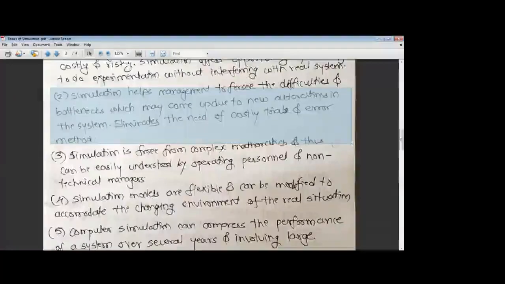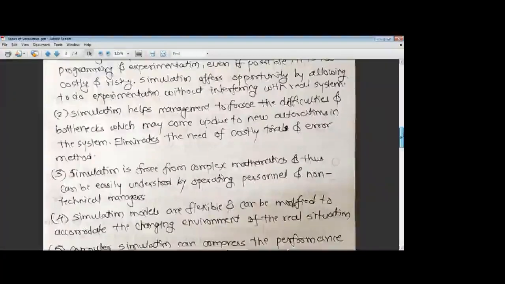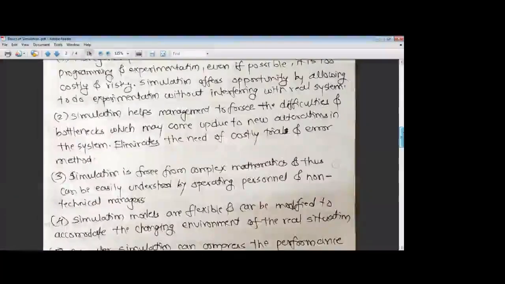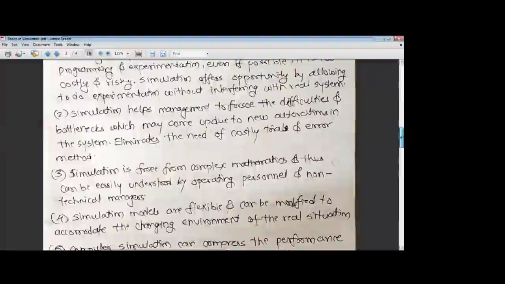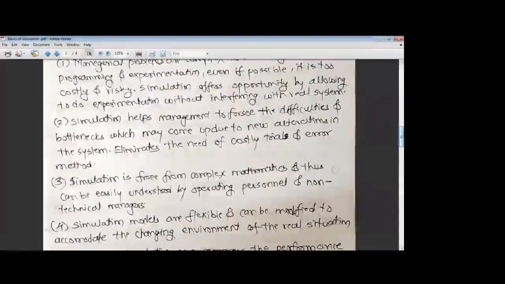For example, suppose I'm in a prefabricated building workshop, where they are manufacturing prefabricated building units.